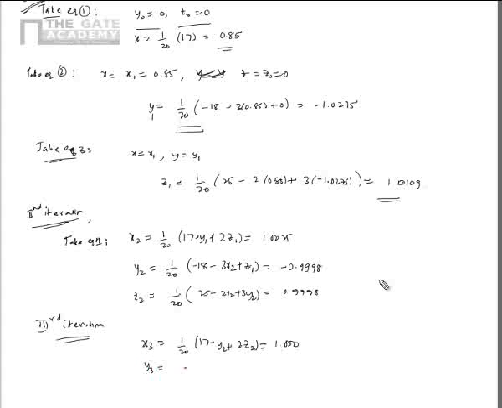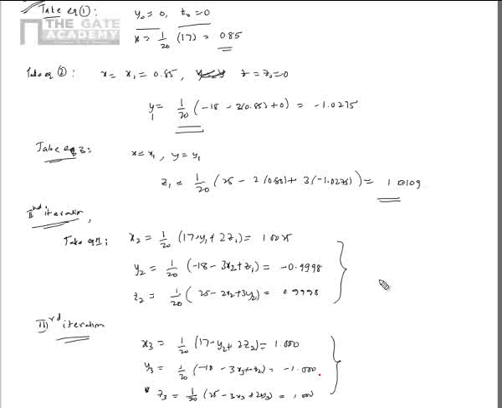Now in the second equation I have to substitute x3 and z2, and this is minus 1.0, and z3 is 1 by 20 times, substituting x3 and y3. This is 1.0.